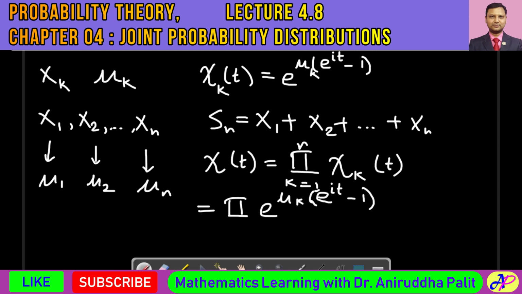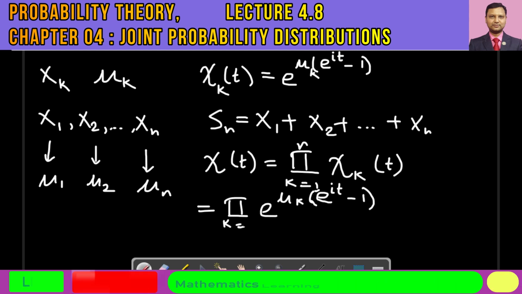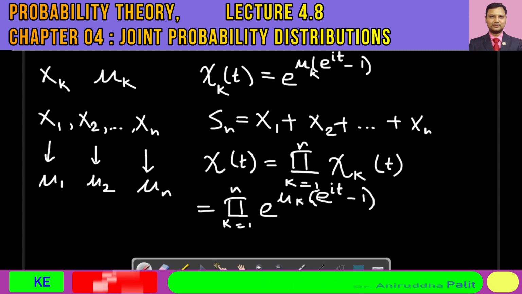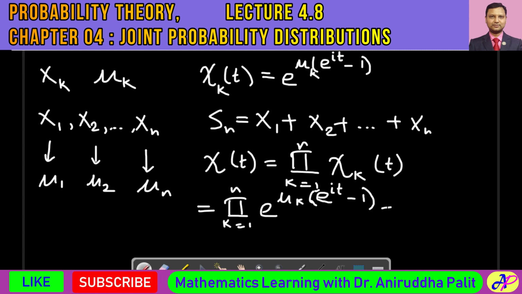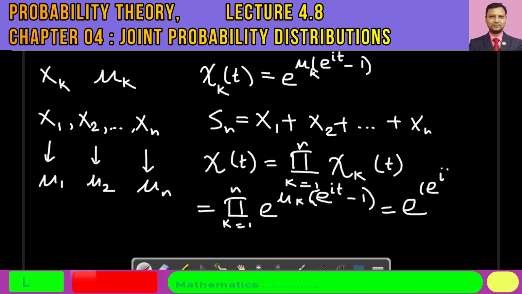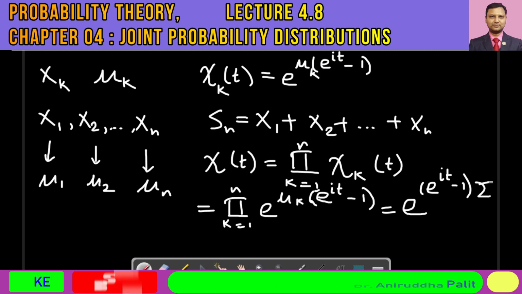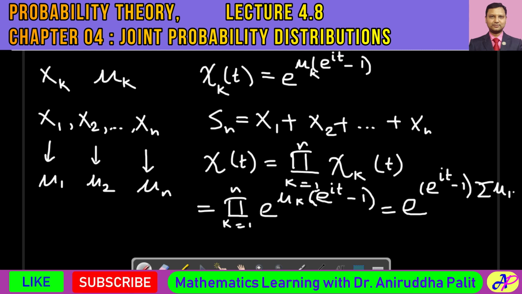Here k varies from 1 to n, and after multiplication this expression is equal to e to the power of, e to the power of it minus 1 multiplied by the summation of mu k, k equal to 1 to n.